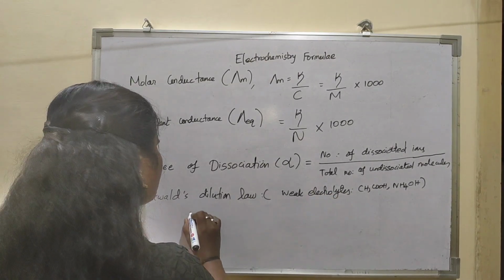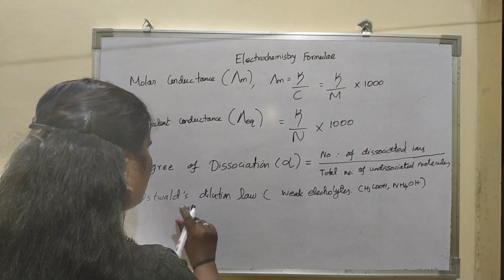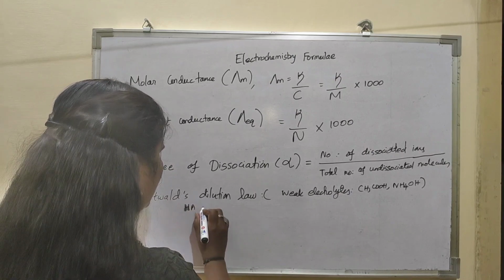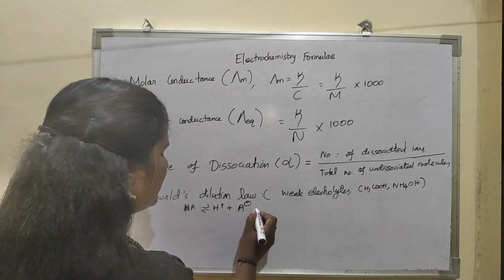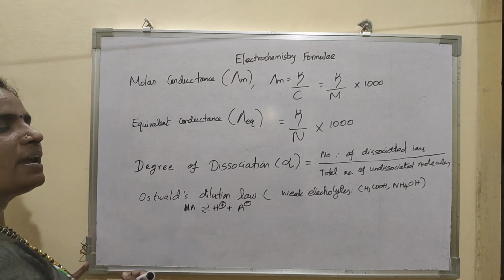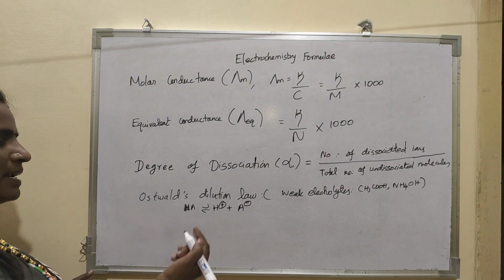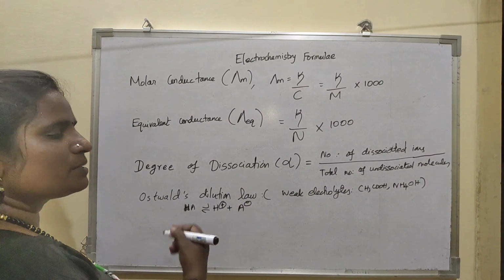Suppose I have a weak acid, for example I name it HA. It is in equilibrium: it dissociates and gives H plus and A minus. There is always a backward reaction, where they combine and form the undissociated molecule, because it poorly dissociates.